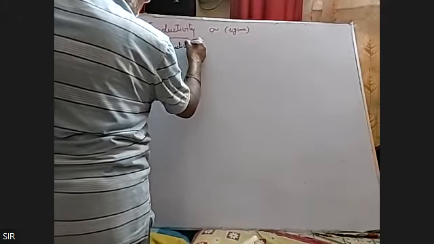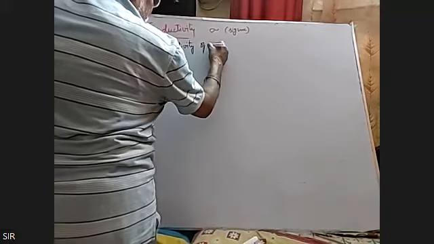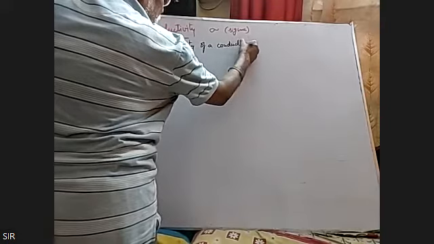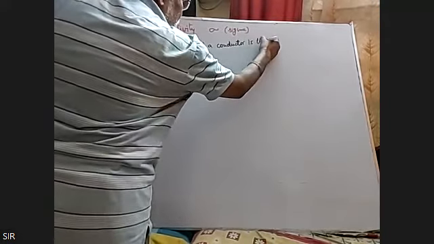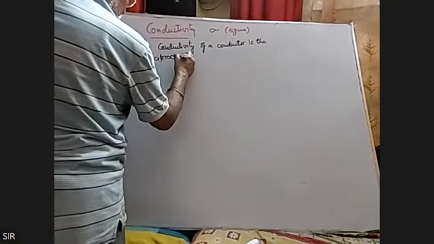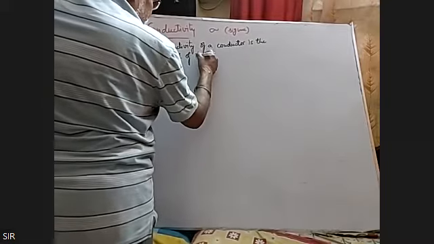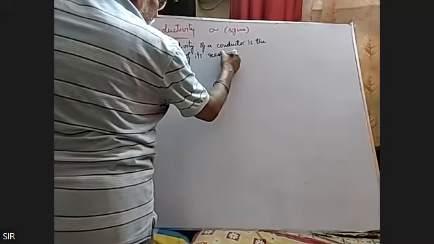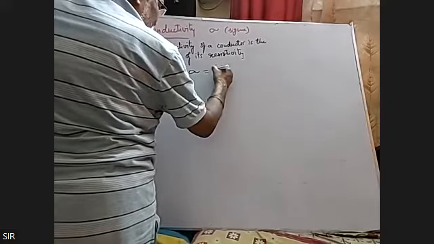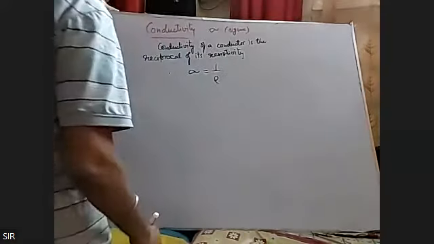Definition: the conductivity of a conductor is the reciprocal of its resistivity. Therefore, sigma is 1 upon rho.